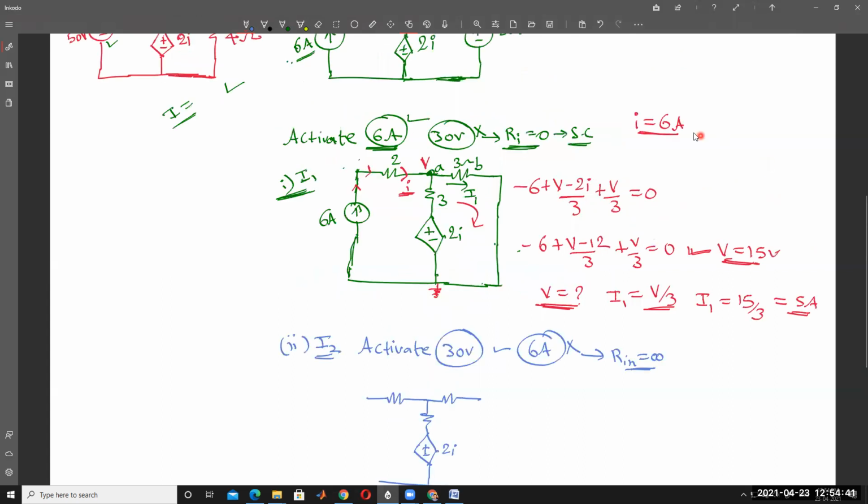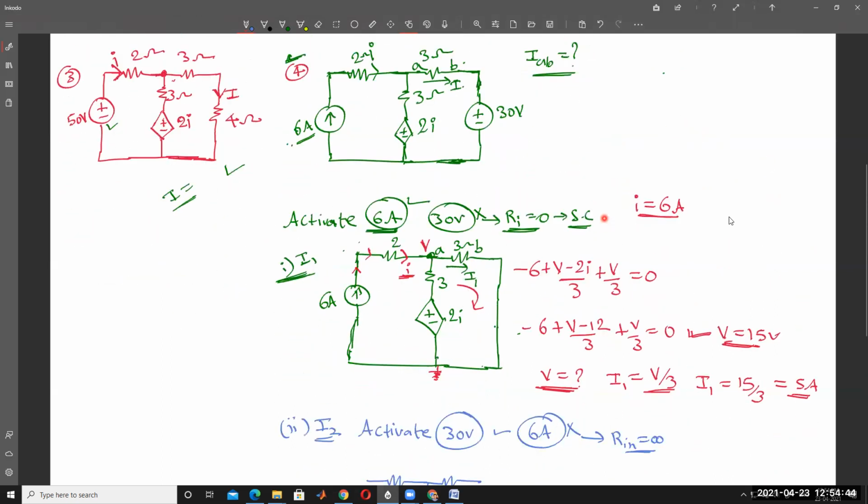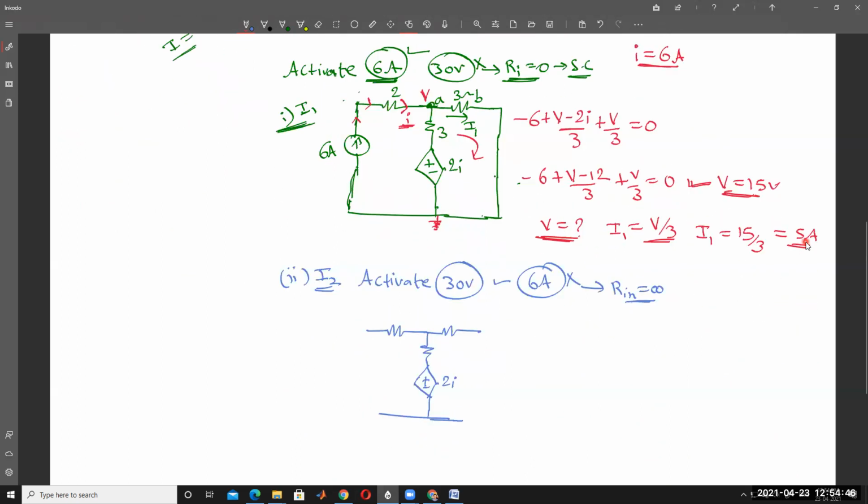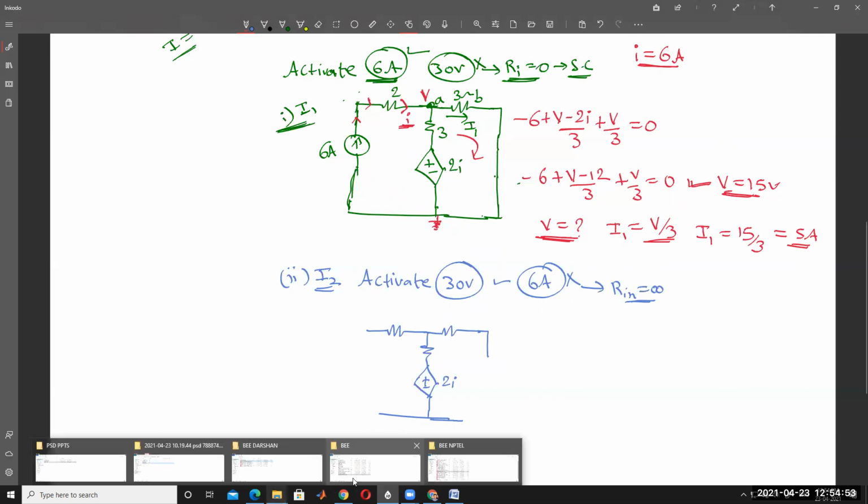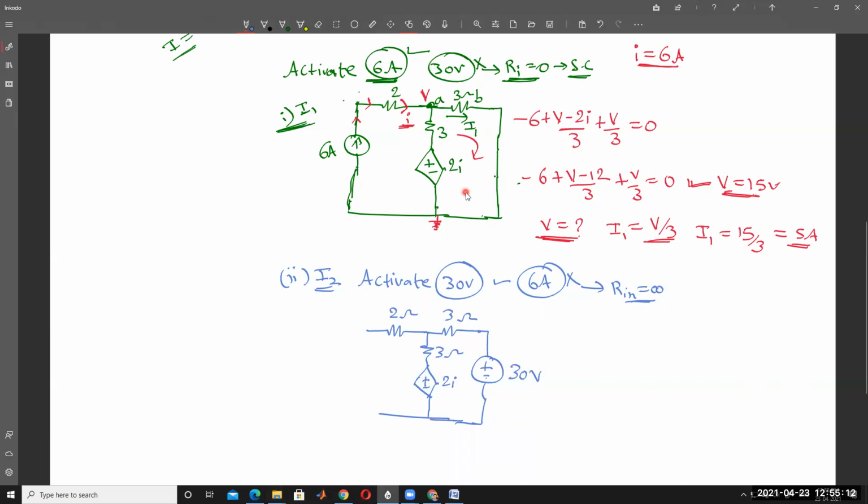Activate the 30 volt source, plus minus, with the 3 ohm resistor here. Here is the 30 volt source, two 3 ohm resistors, and the 2 ohm resistor. The internal resistance of the current source is infinity. That's why it is open circuit.